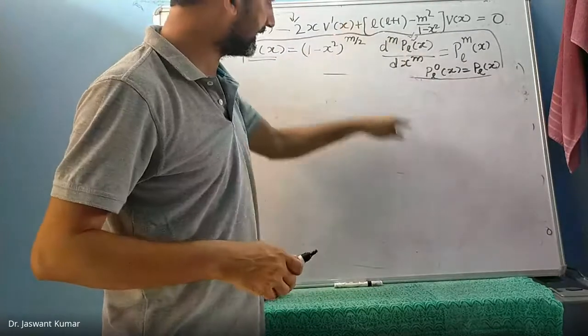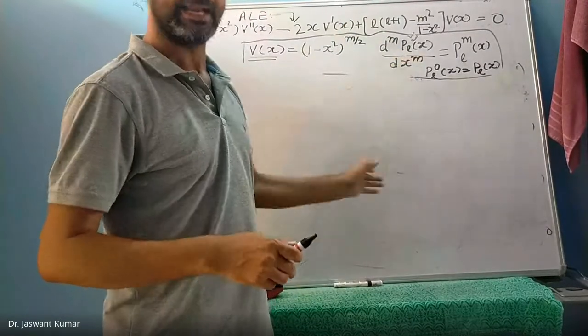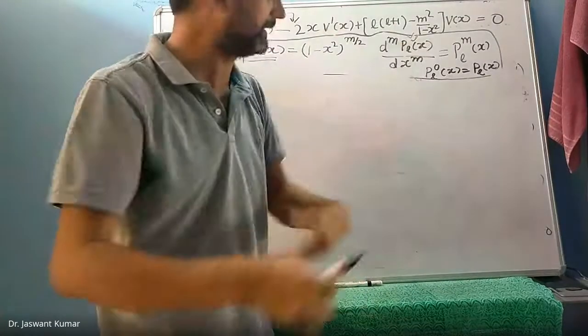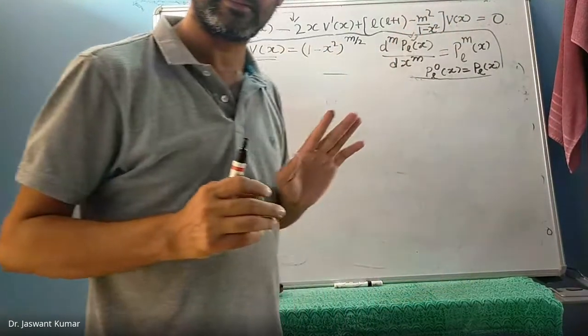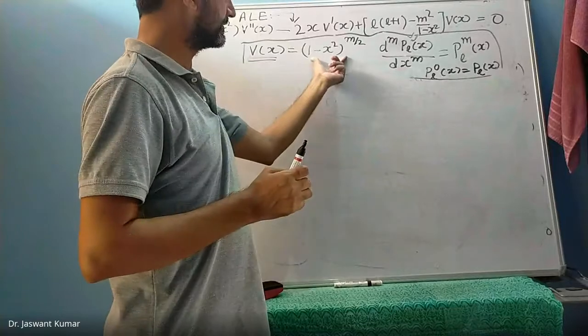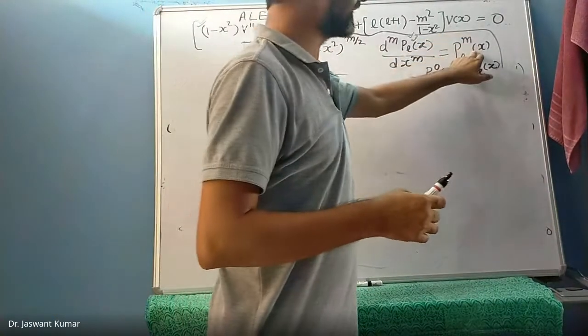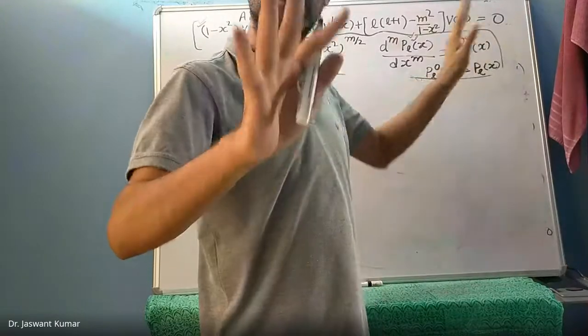You take the d by dm of all of that, and you know that if you take a d by dxm of PL of x, you obtain PLM of x with some constants. That way, you can get the recurrence relations for PLM of x also.